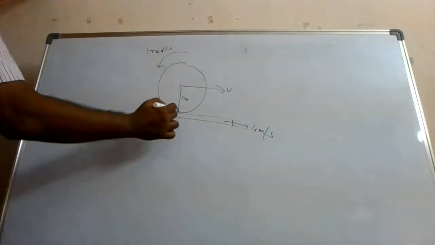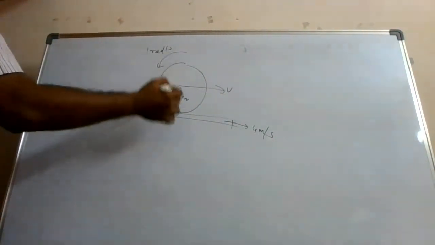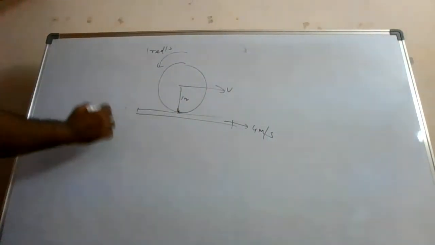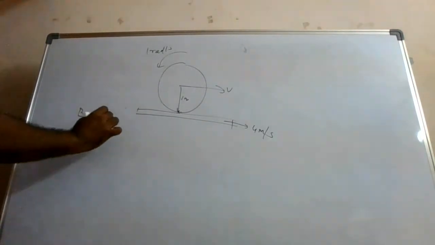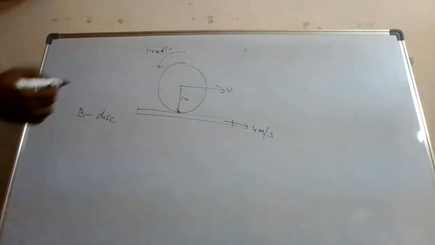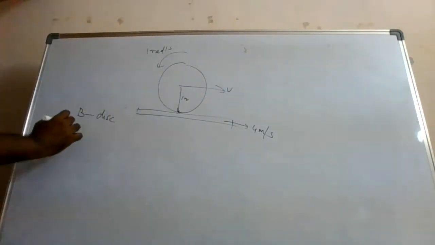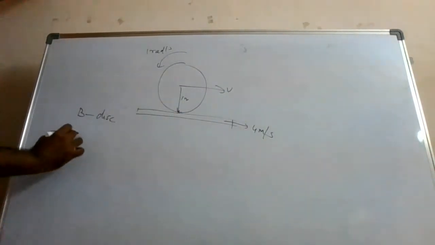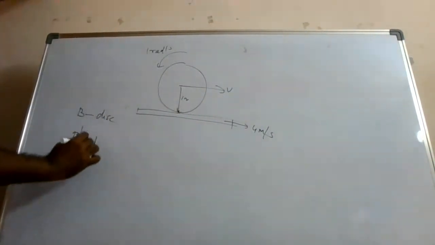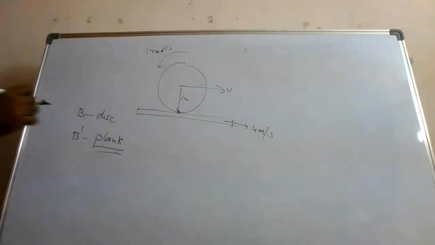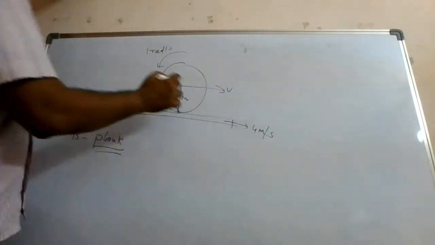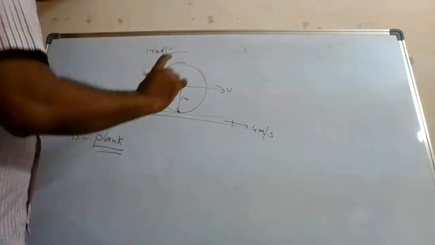So this disc will have a lower point. Let us call this point B. This is for the disc or the sphere. Let us say a disc is given in the question, and the corresponding point on the plank will be B dash. The condition here is, as we have discussed, that rotation and translation both are happening.